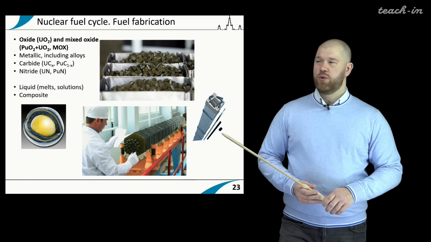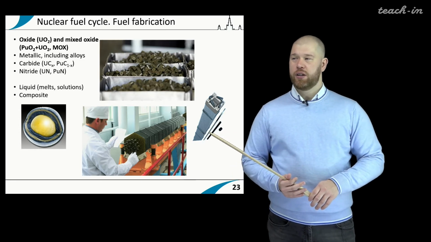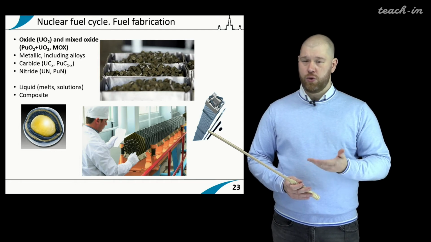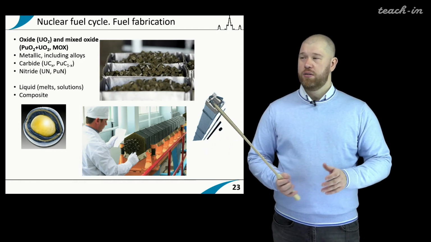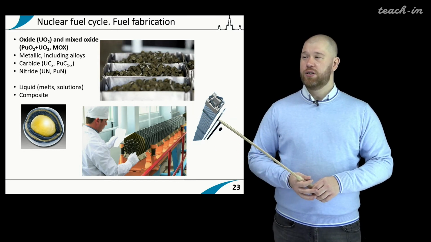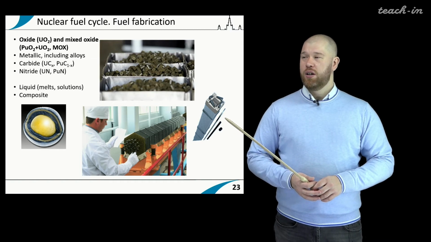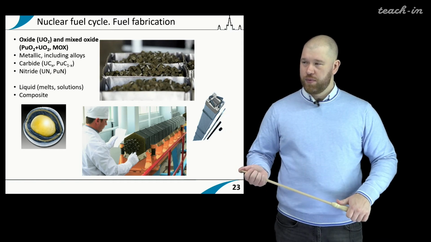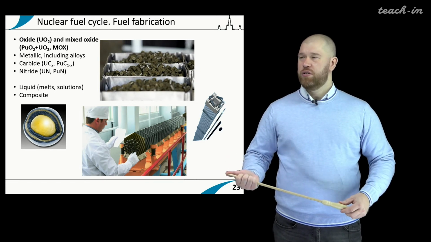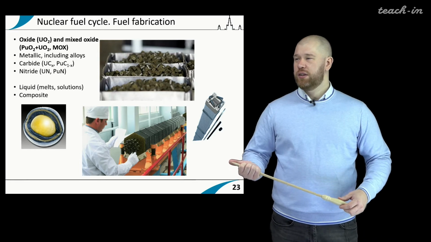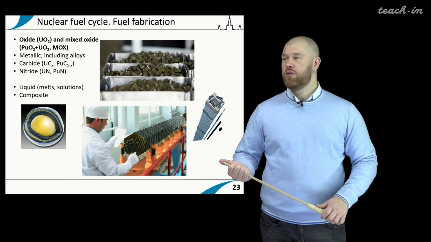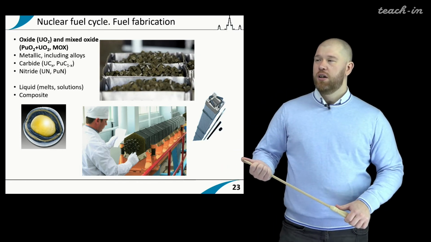During the production of fuel, the enriched uranium oxide or dioxide is pressed into these tablets and goes to the oven for calcination, at temperatures around 1500 degrees Celsius in an atmosphere of a mixture of hydrogen and argon.